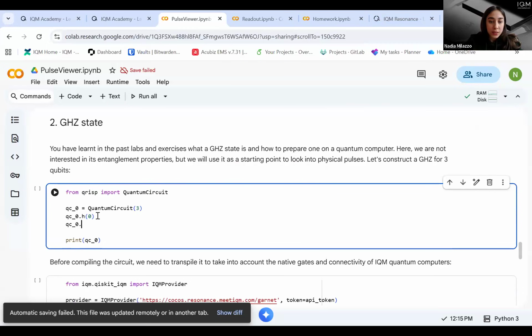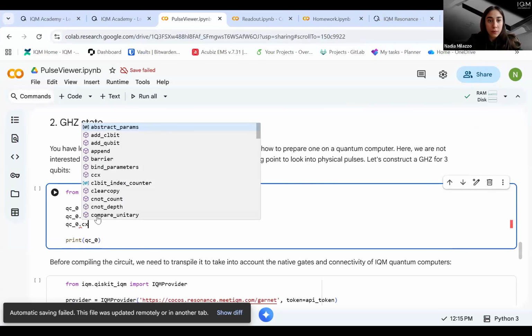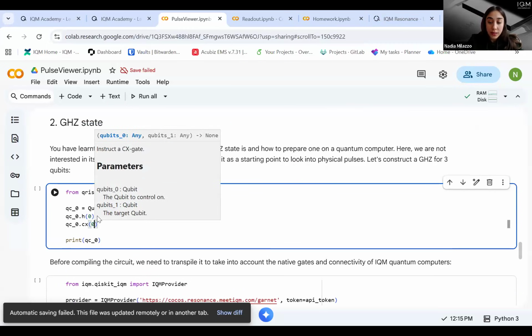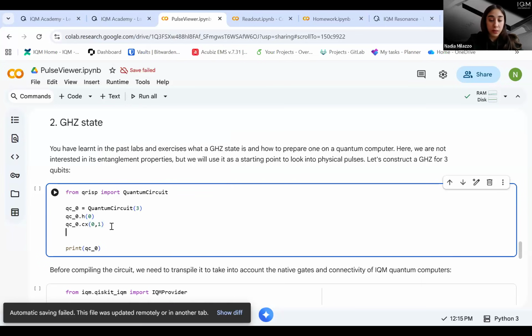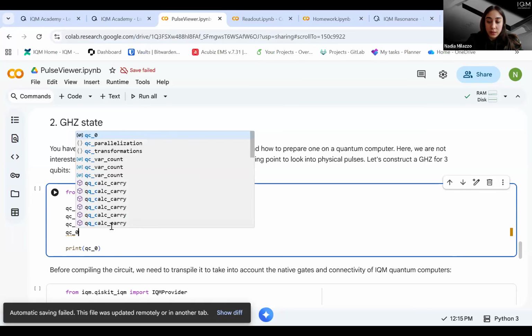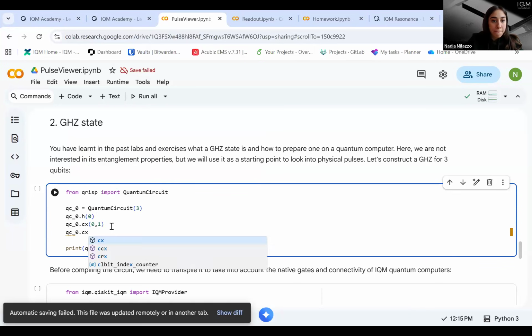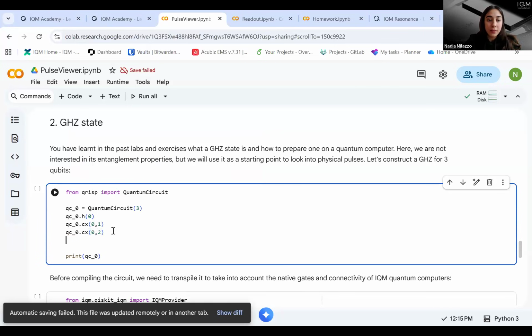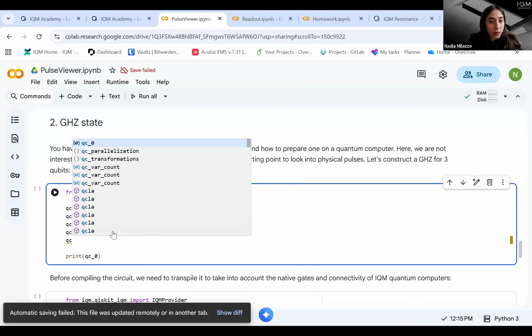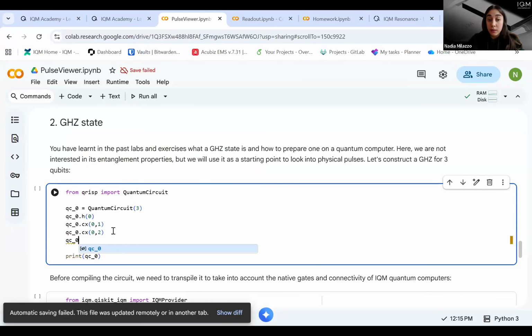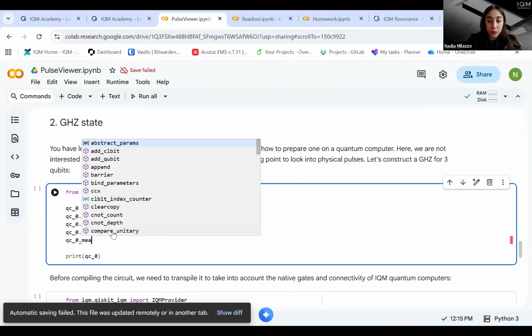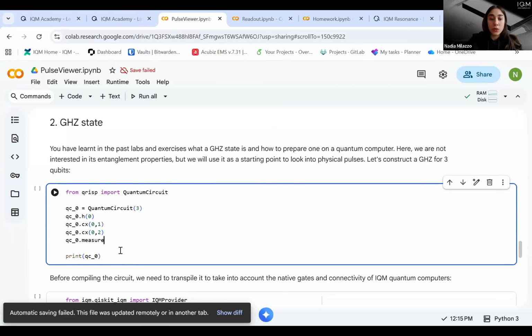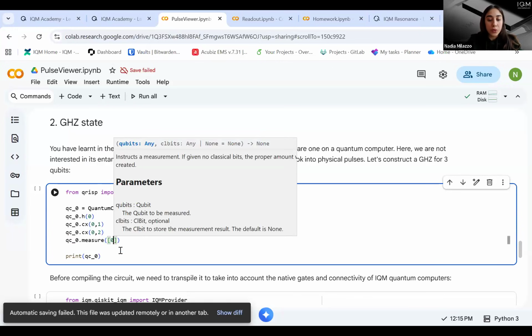Then we use the CX operation on qubit 0 and the first one, and then again, sorry, we have this CX between 0 and 2 this time. And then what we need to finish off is the measure. Otherwise, we cannot infer actually the output state of our circuit.